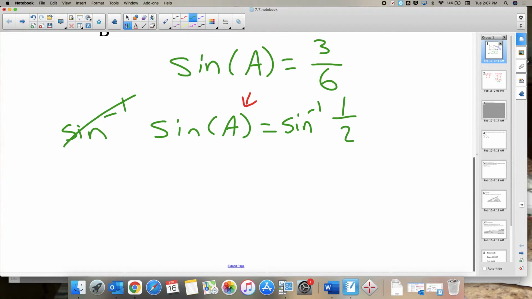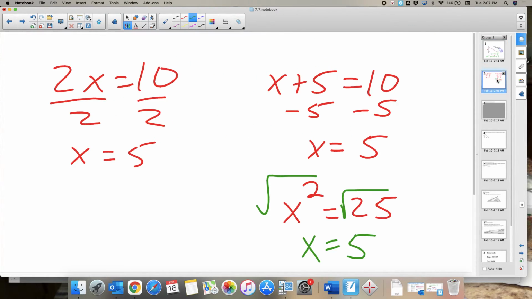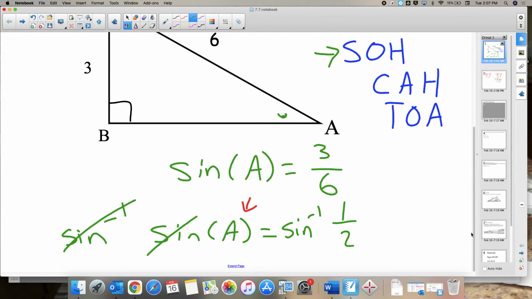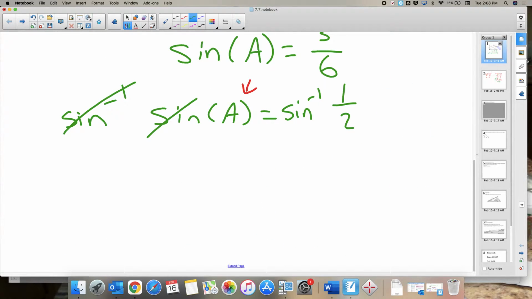A sine inverse and a sine cancel each other out, just like times 2 and divided by 2, +5 and -5, or the x squared and the square root. Those all cancel each other out. It is no different here. We are going to cancel out that sine of angle A.